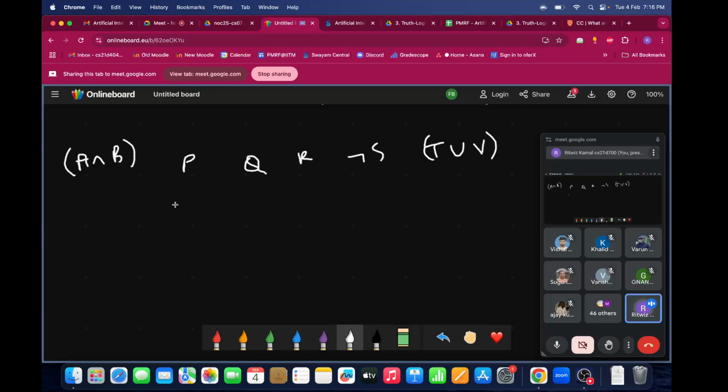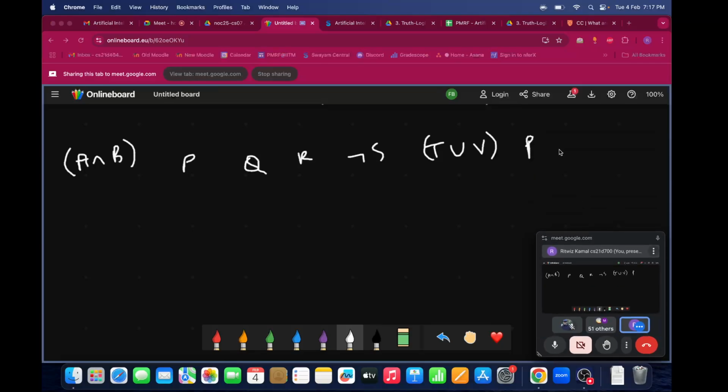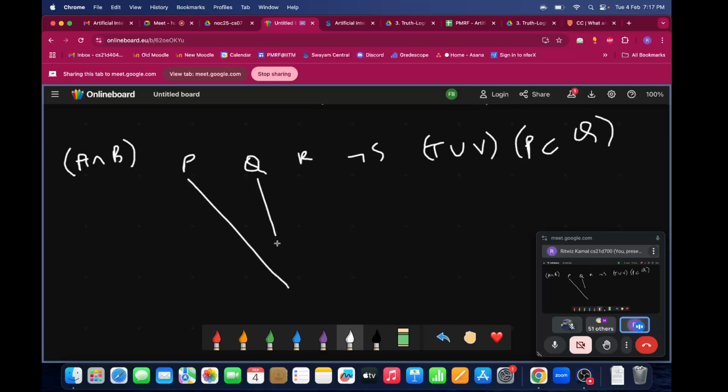Let's say we also have P implies Q over here. Let's remove Q so that we can derive Q. So I'll use both of these to arrive at Q, and then Q would be added to the set of facts given to me, so I don't have to write down everything again.